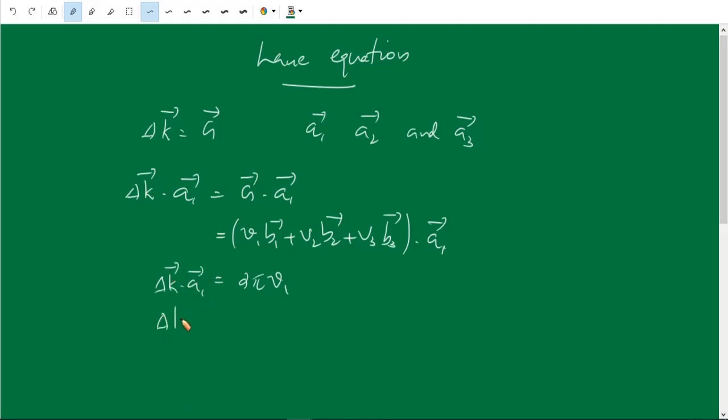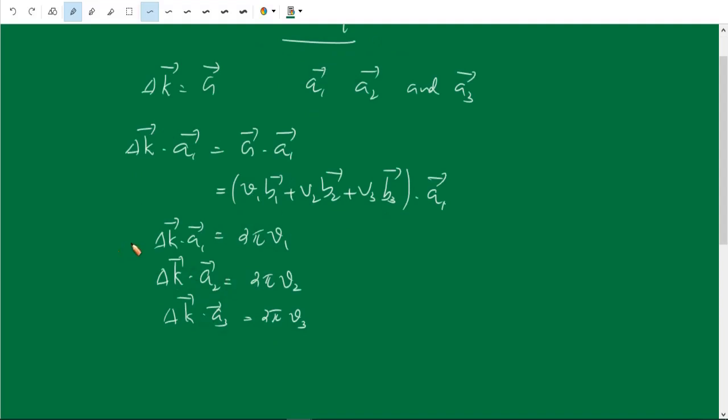Similarly, delta K dot A2 is equal to 2 pi times V2, and delta K dot A3 is equal to 2 pi V3. These are the Laue equations. So this is another expression for the diffraction condition.